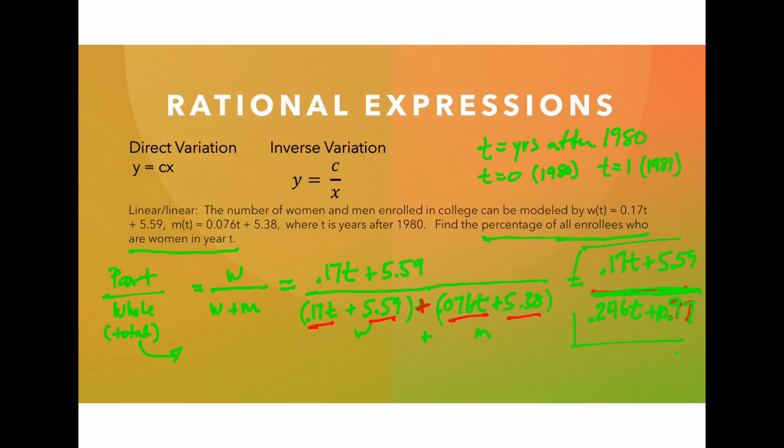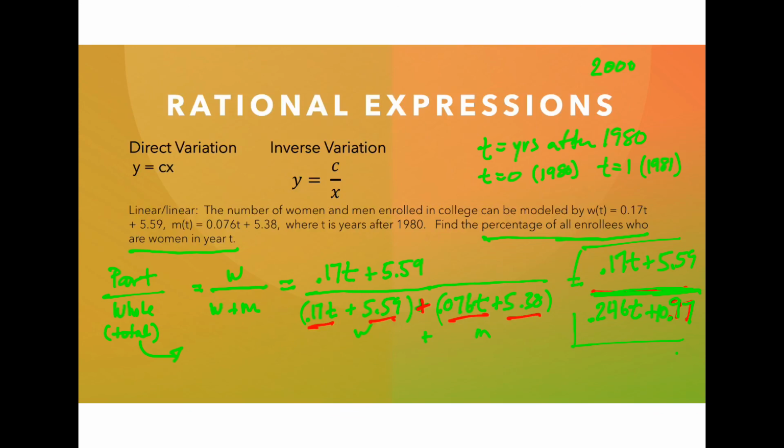If we just said t was time, and we didn't define it as years since 1980, t equal to 0 would be like 0 AD or BC. I'm not sure where that falls, but like 2,000 years ago. And of course, we don't have data from back then, so it really takes on no meaning.